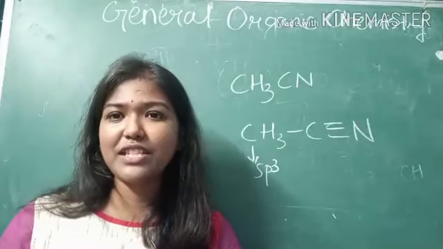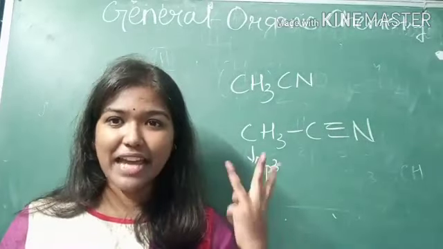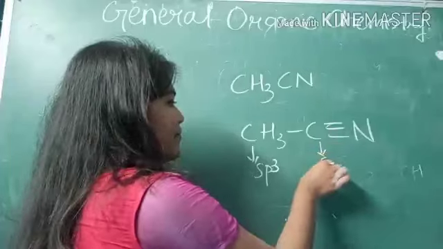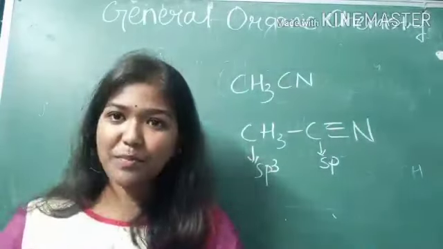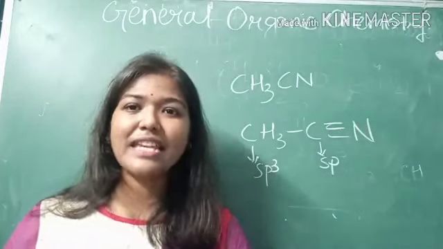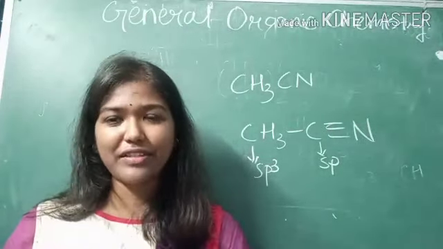So hybridization having 2 unhybridized orbitals is the type 3, sp. So this carbon will be sp hybridized.